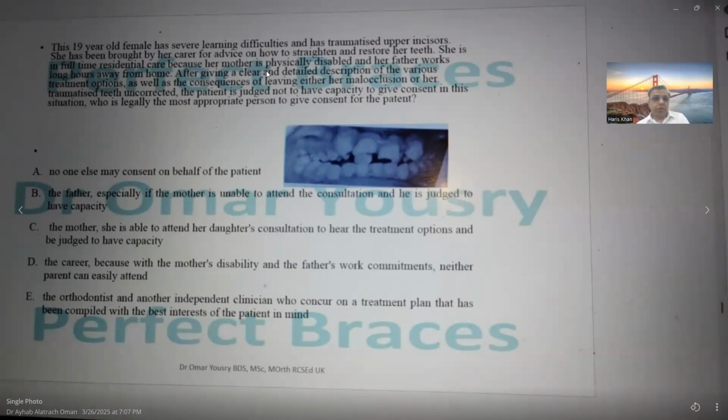Because she mentioned that she is in full-time residential care, I think the carer can provide it, because of mother and father communication, neither parent can easily attend.